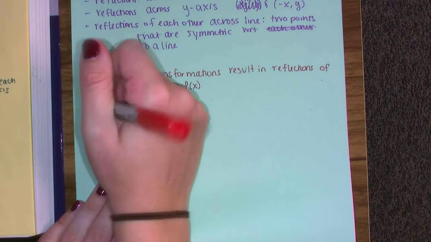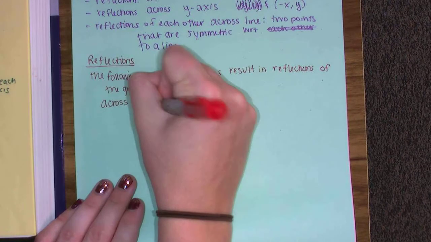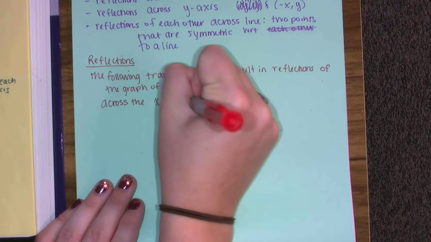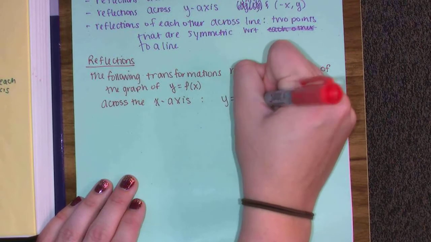Across the x-axis, it would be y equals negative f of x.